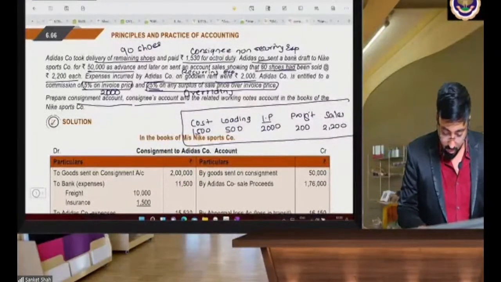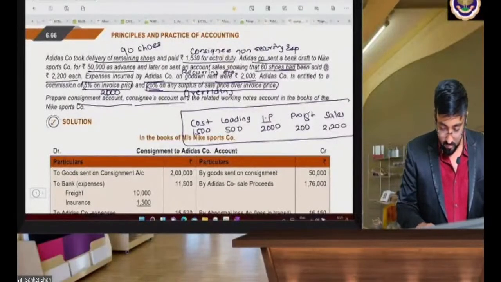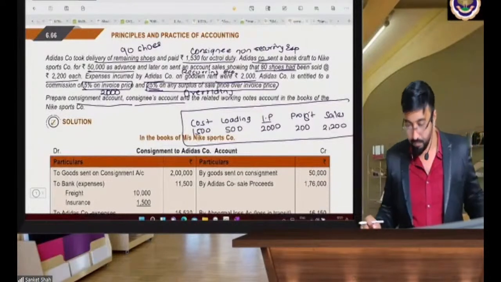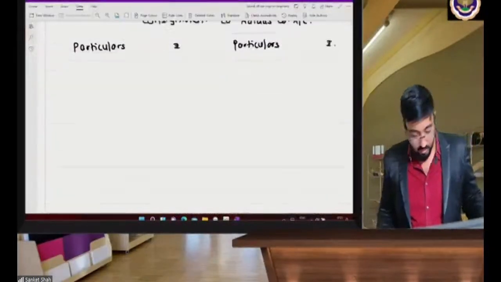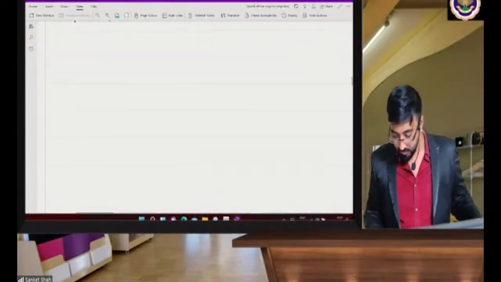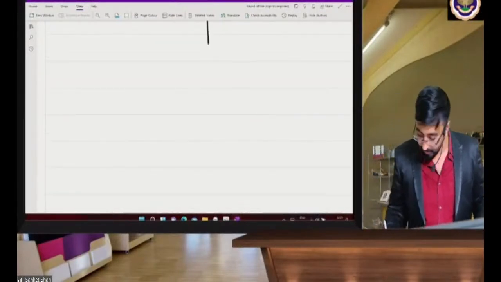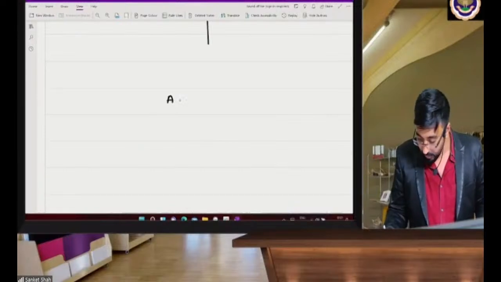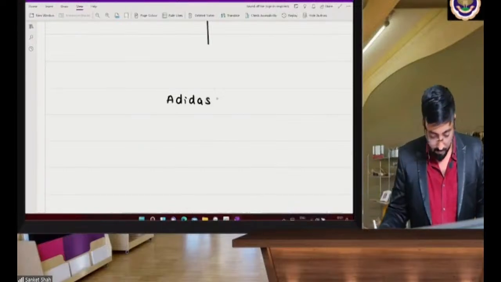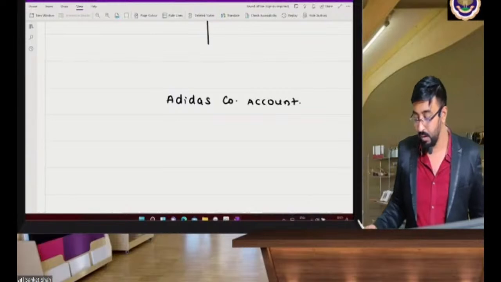Draw three-fourths of the page, and after that write down one-fourth page, Adidas company account.